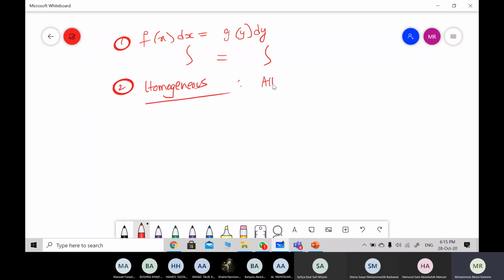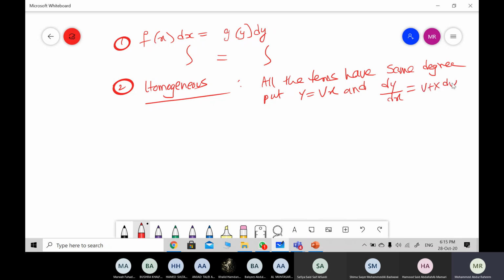I already told, all the terms must have the same power, same degree. If it is so, then congratulations. Put y equals vx and dy over dx equals v plus x dv over dx. Put in the equation, then it will become separable after a few steps. Then integrate both sides. Done. What is equation number 3?